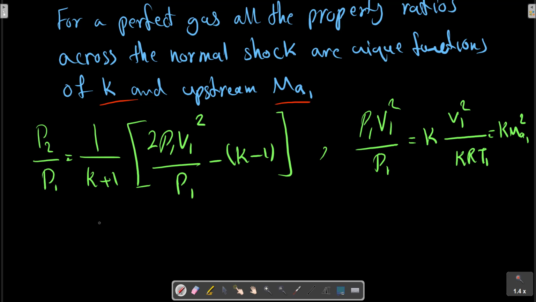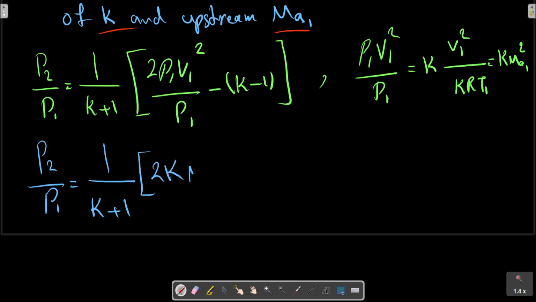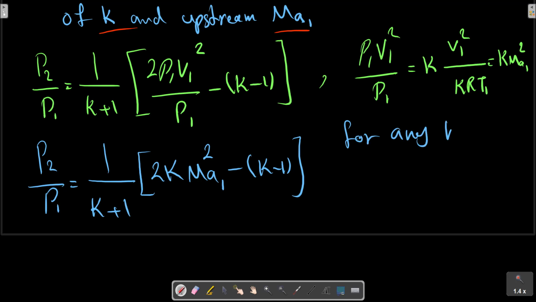Now we can rewrite the equation as below. From this equation, we see that for any K, pressure increases as the shock occurs only if the upstream Mach number is greater than 1.